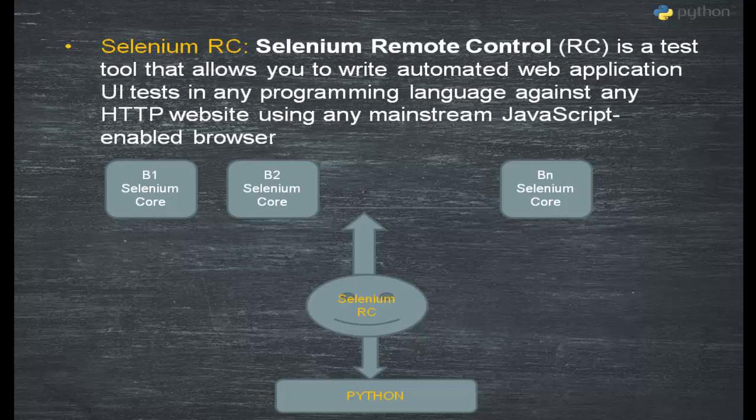If you want to interact with the browser on the user end, it is useful there. Selenium Remote Control interacts with the Selenium core, which is developed in JavaScript, and we can control n number of browsers using it. Selenium Remote Control can be controlled by any language like Python or Java.